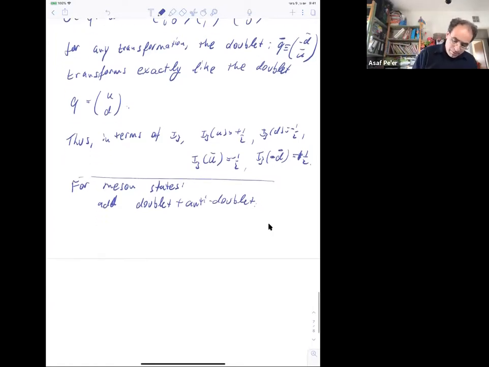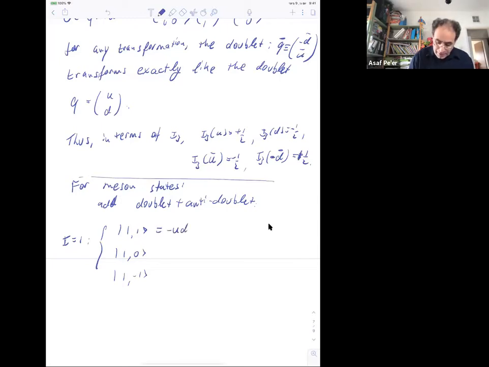So if we have I equal to 1, we have three options. Either the I3 is 1, or it's 0, or it's -1. Now, 1 means the up and anti-down, each having an I3 of +1/2.